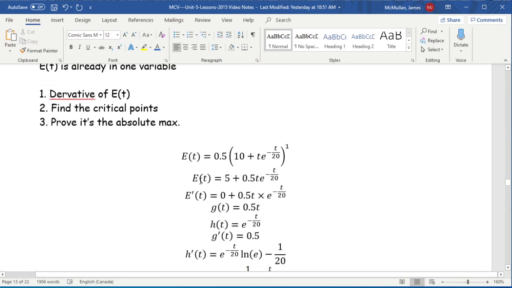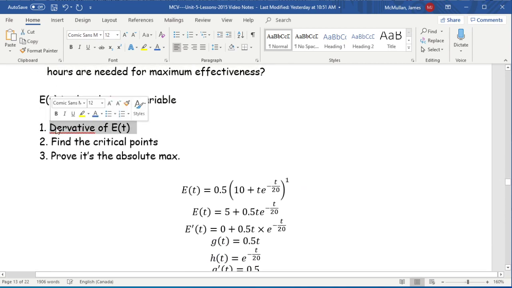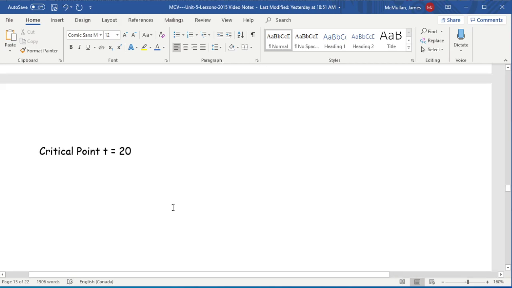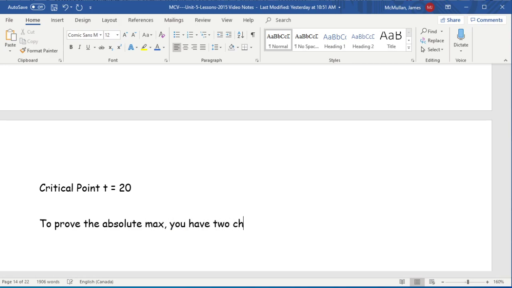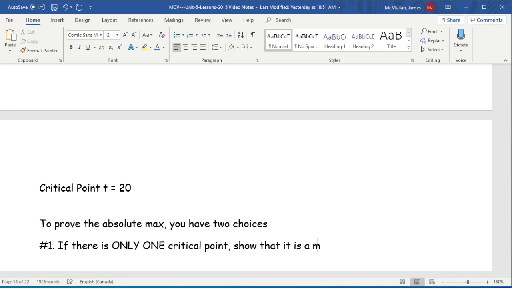Okay? So look at what we've done. We found the derivative. We found the critical point. There was only one. And now we have to prove it's the absolute max. To prove the absolute max, you have two choices. Number one, if there is only one critical point, show that it is a max.